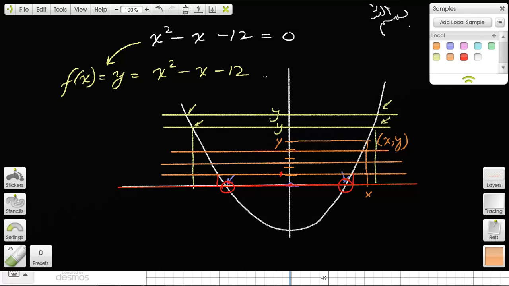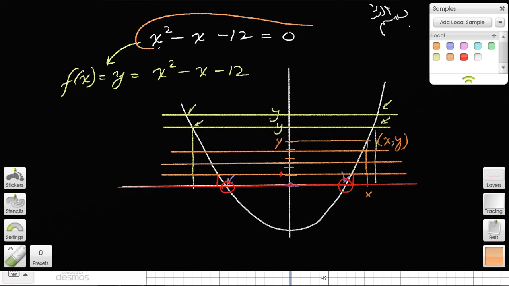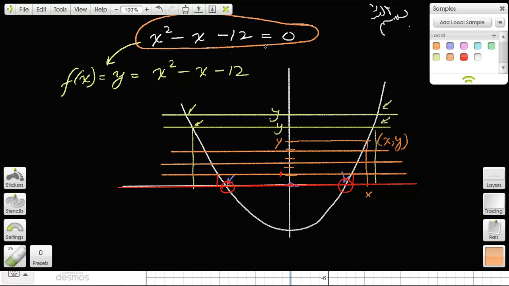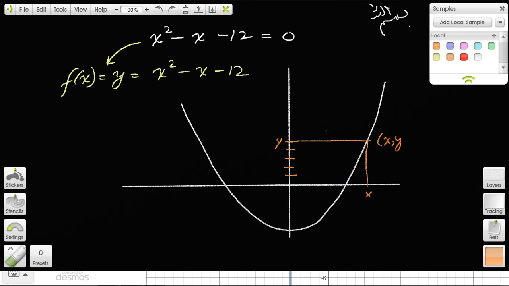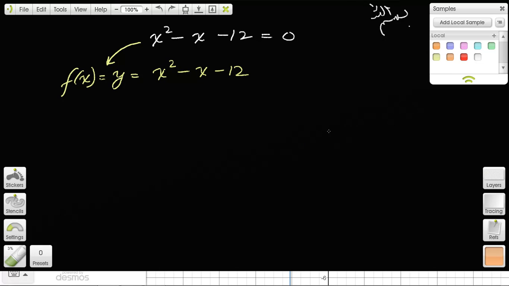So this here represents an equation, the equation of the function where the y value is 0. So another way of solving this equation is to pretend that it is a function, then graph the function, and then find the x-intercepts.